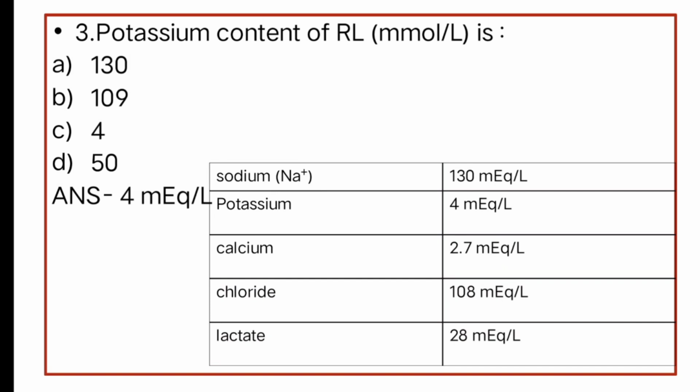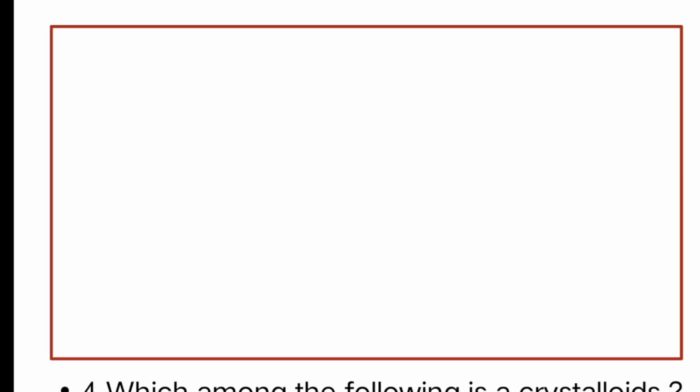Sometimes in the questions they will ask about sodium, calcium and chloride. Not only potassium, they will also ask about other contents present in the RL. Sometimes they will throw questions like how much calcium is present in RL. So you have to know what contents are present in the RL.